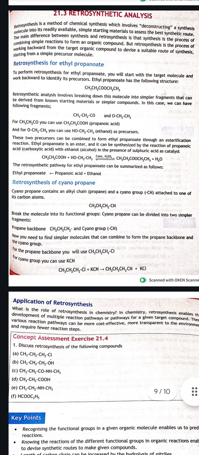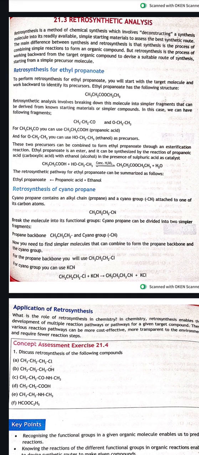Retrosynthetic analysis. Retrosynthesis is a method of chemical synthesis which involves deconstructing a target molecule into readily available simple starting materials to assess the best synthetic route. We have to use simple starting materials, and we have to choose the best synthetic route.